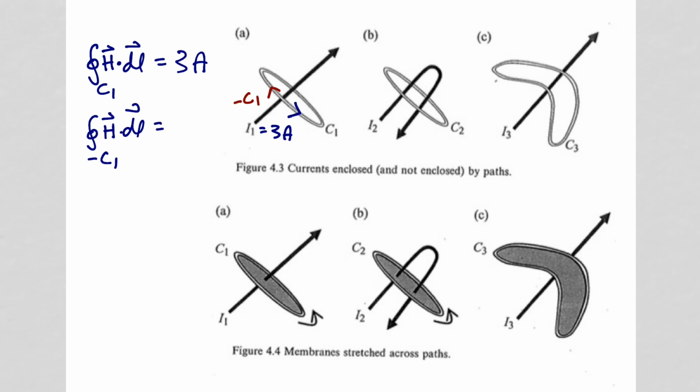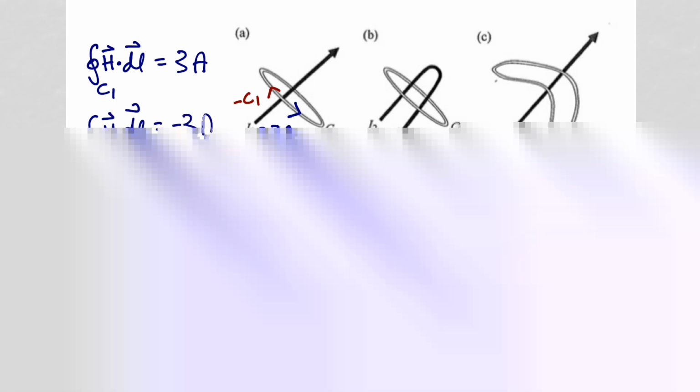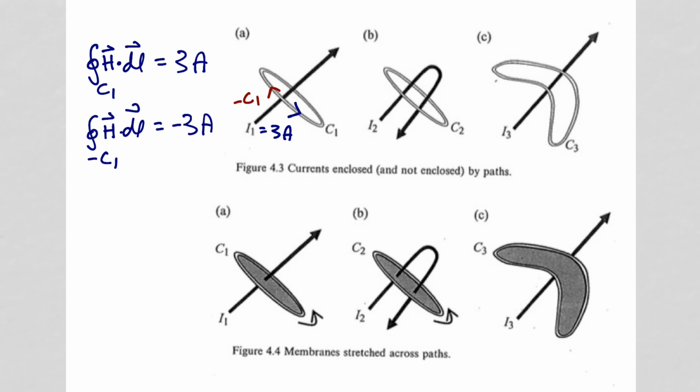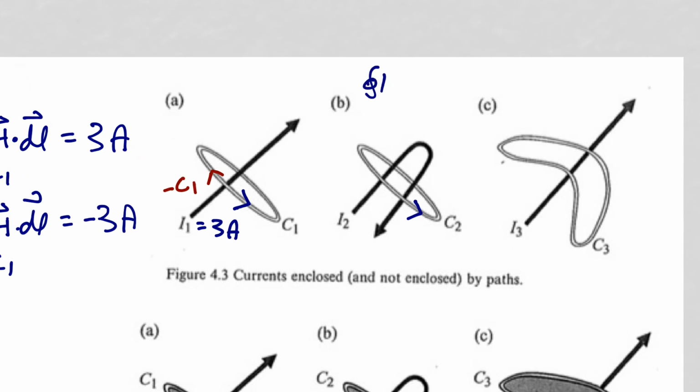Now let's look at path C2. So you're going to integrate h dot dl in the direction of C2 here like this. So your right thumb points to the upper right, and let's define again I2 as being 3 amps.